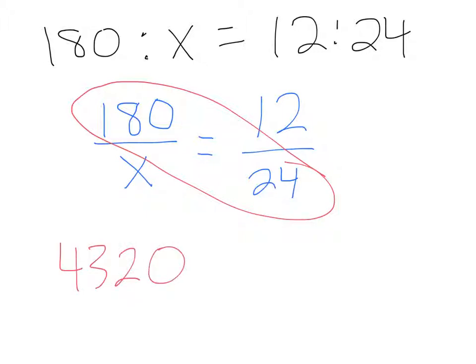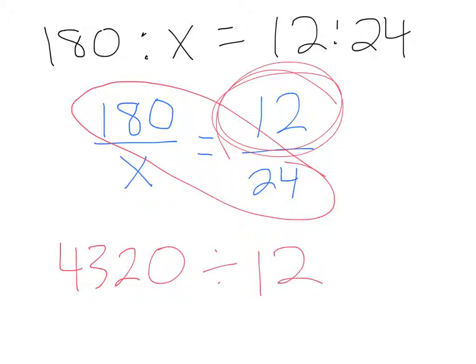Then take that answer and divide by your last number, which in this case was 12. So when I do that, I automatically will get my answer for x every single time. So you can do the same thing on all of those. Just rewrite those as fractions, cross multiply the other side first, divide by the last number.